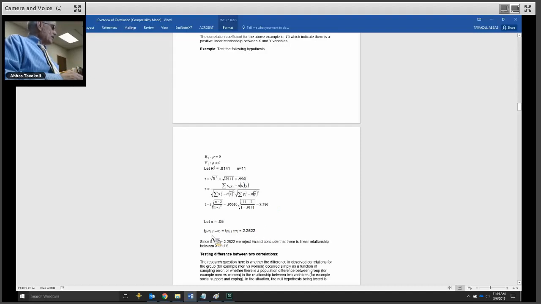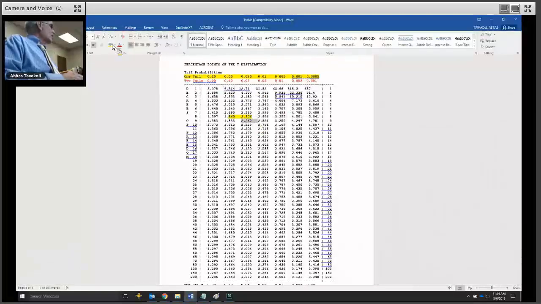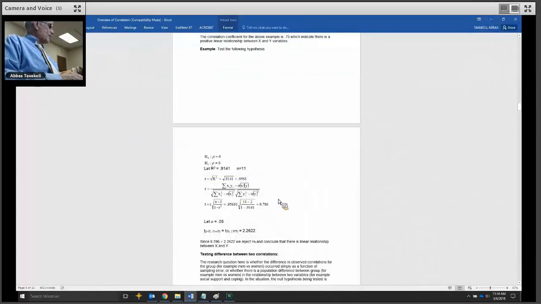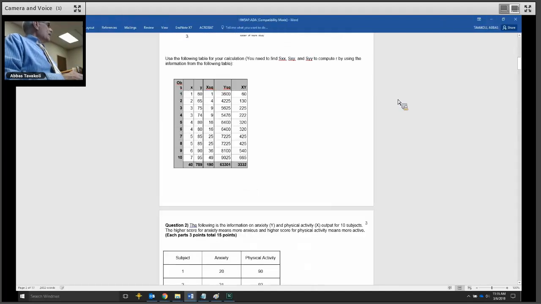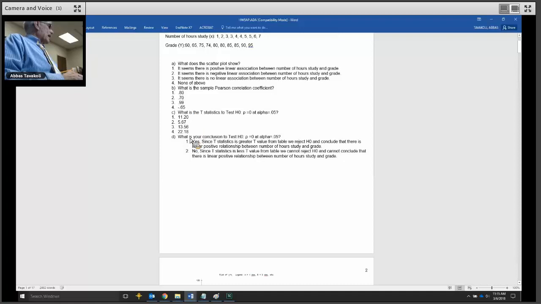Here our n was 10, so we look at alpha 0.05 in the t table for two-tail, with 9 degrees of freedom, and the value is 2.62. That's the value you compare to. Since the test statistic is greater than this value, you reject the null, and you would say there is a linear relationship.